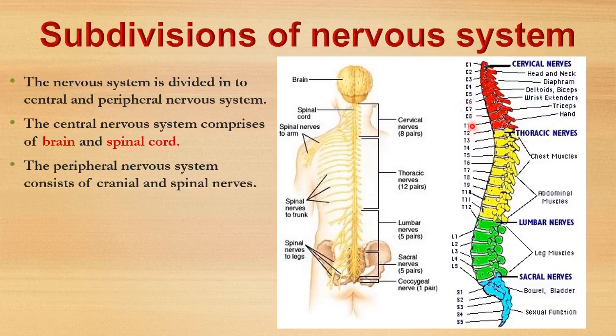Then the thoracic nerves, the intercostal nerves, mainly innervate the muscles of the chest wall. As you go to the lower thoracic nerves, the lower 5 nerves, they are also innervating your abdominal wall muscles. Then the lumbar nerves mainly take part in the lumbar plexus, which is innervating your lower limb.